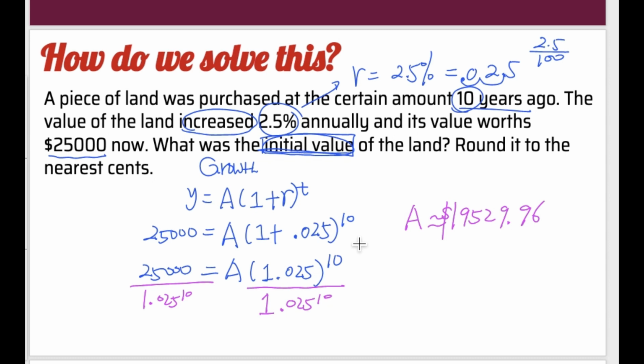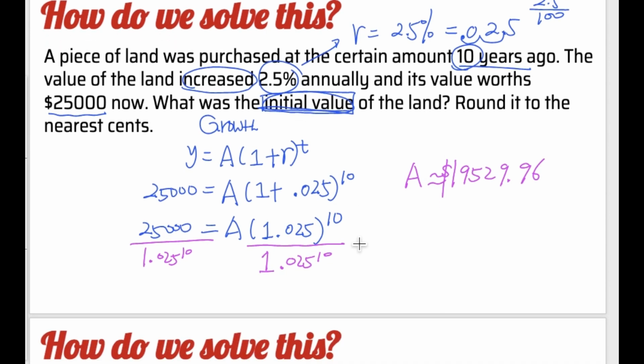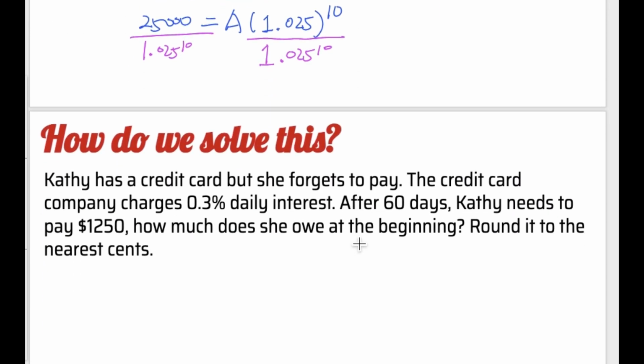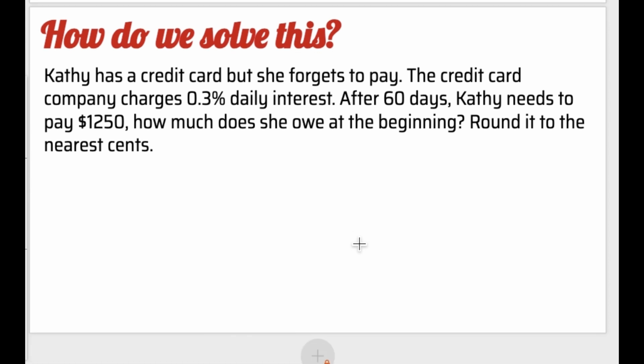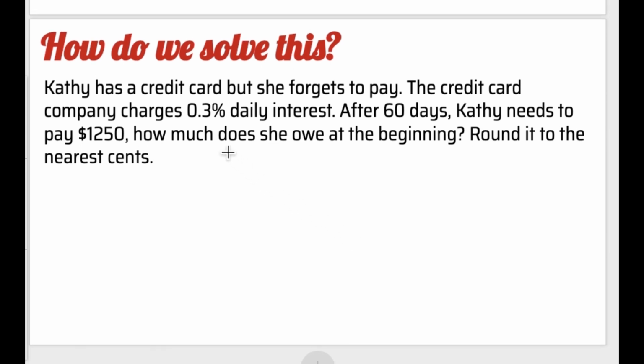Okay, we're going to work on one more example to get familiar with this type of question. In this situation, Cassie has a credit card, but she forgets to pay, and the company charges 0.3% daily interest. After 60 days, Cassie needs to pay $1,250. We're asking, how much did she owe at the beginning?